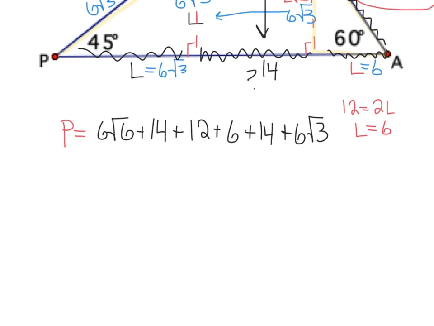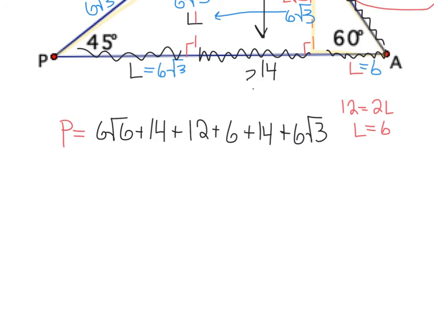All right, so let's see what we could combine here. If I have 6 root 6, I would need another root 6 to be able to combine with that. I don't have it, so I just bring it down. Plus, now let's look at our constants. We have 14 plus 12 plus 6 plus 14. That is going to be a grand total of 46. Let me just pause and double check my math, make sure that that's right. 20, 34, yes, 46.